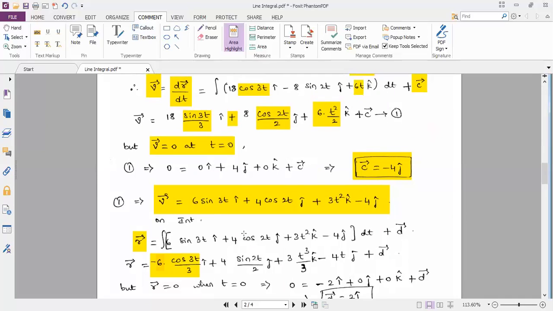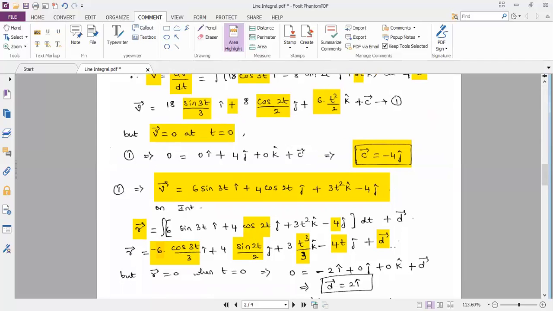Integration of cos 2t is sin 2t divided by 2 into j, plus 3 into the integration of t², which is t³ divided by 3, into k, minus the integration of a constant 4 with respect to t, which is minus 4t into j, plus adding another constant of integration, say vector d. The naming of the constants of integration is left to our choice.